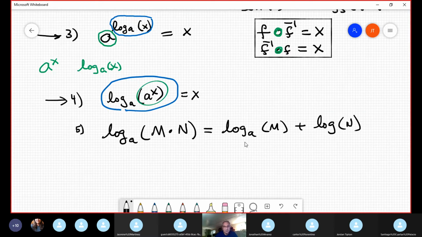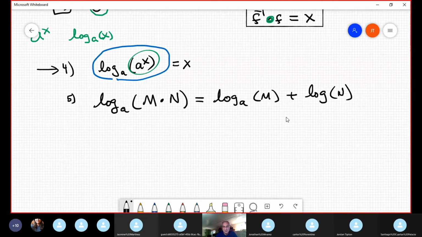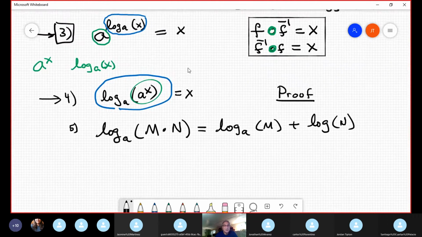Let's prove it, by curiosity. You don't need to prove anything, you only apply. You are no mathematician here. Suppose that I want to prove this statement is true. Well, I use property number 3.